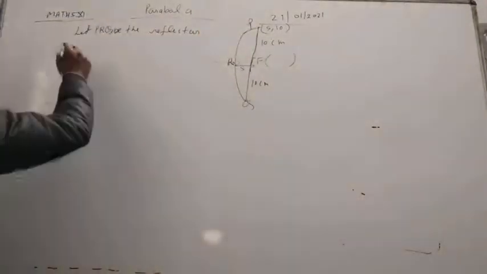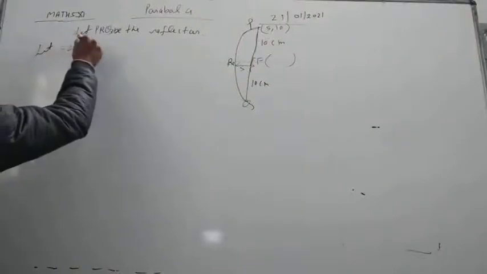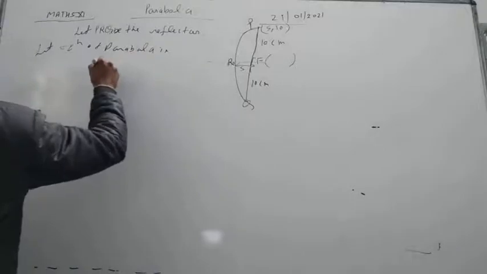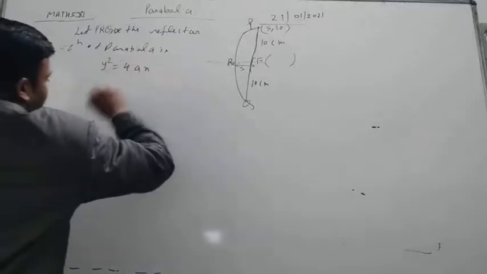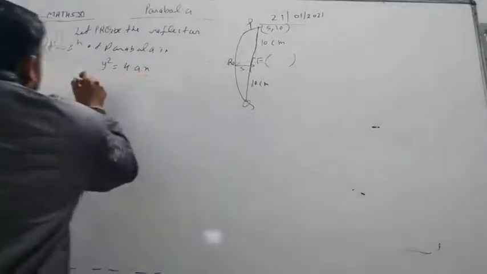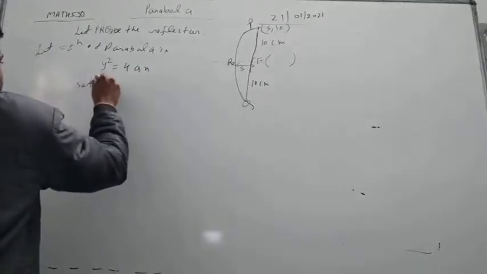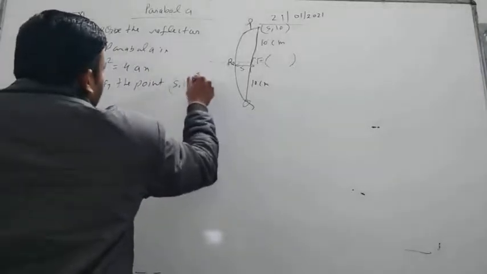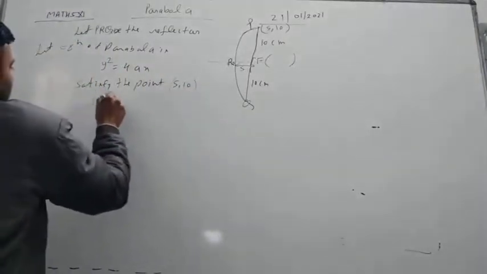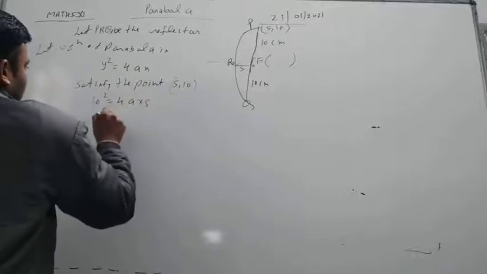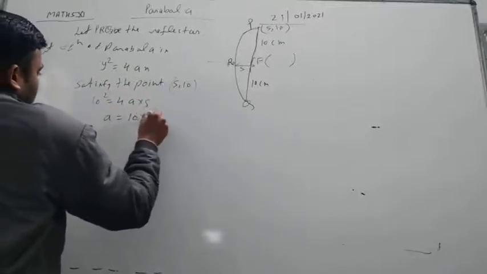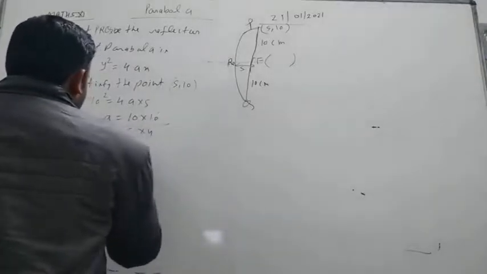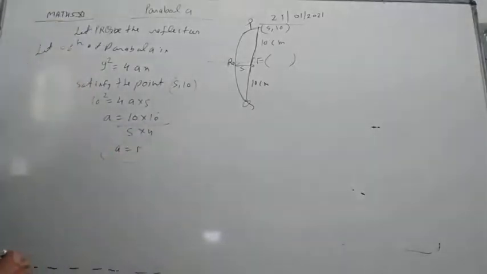So student, let the equation of the parabola be y square is equal to 4ax, and this parabola satisfies the point (5, 10). So we write 10 square is 4a into 5. So a is 10 into 10 by 5 into 4. So student, this a is equal to 5 from here.